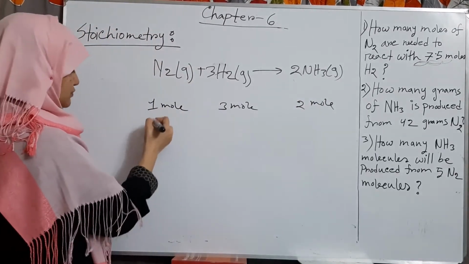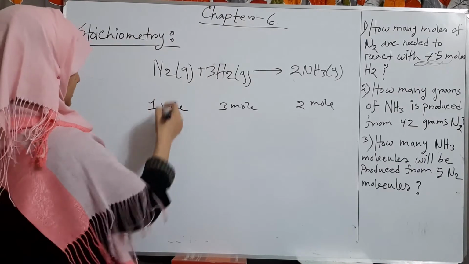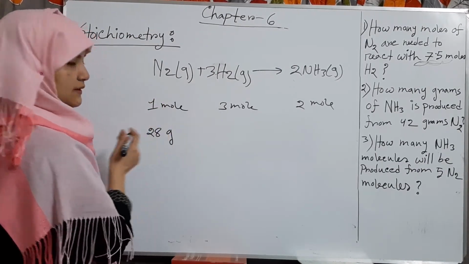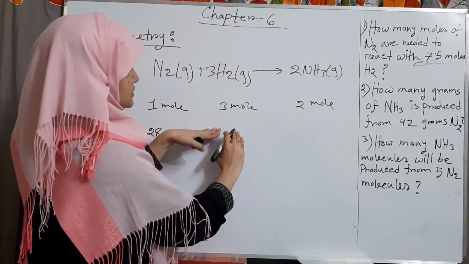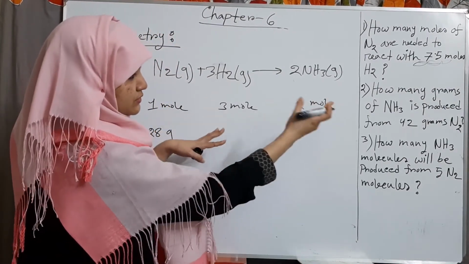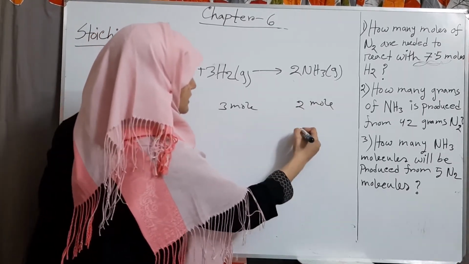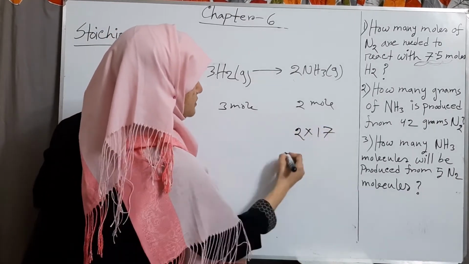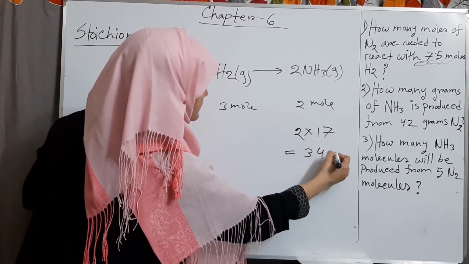And 1 mole, if we express it in gram unit, we get 28 gram nitrogen. For hydrogen, this is not needed for solving this problem, so we can skip this. And this is 2 into 17, 34 gram.